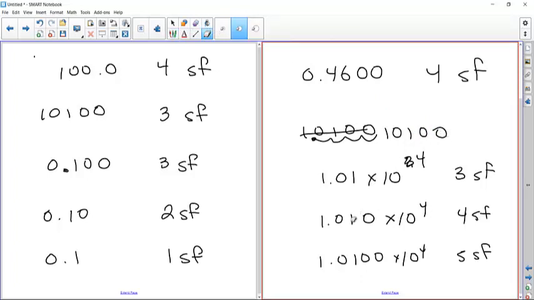So sometimes putting things in scientific notation is the best way of being more exact about significant figures and accuracy.